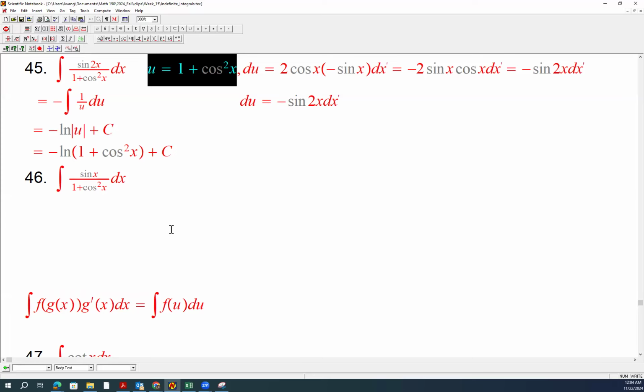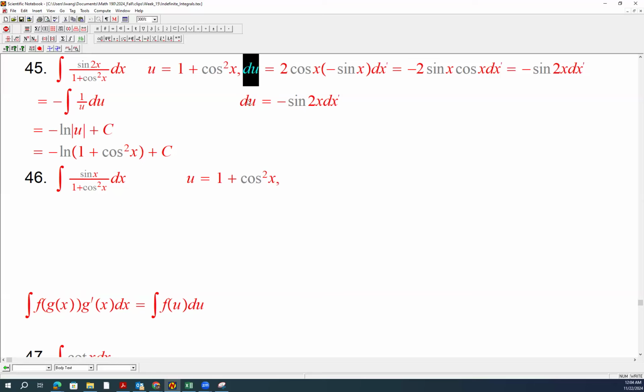Sine x times 1 plus cosine squared. All right, I did copy the question correctly. So we're going to use the same substitution. However, if it doesn't work, we just try something else.